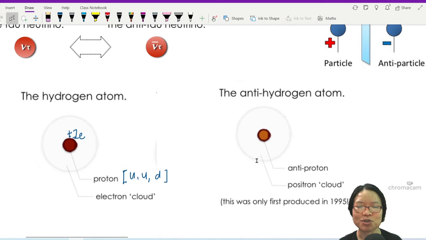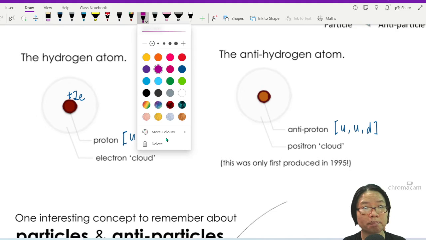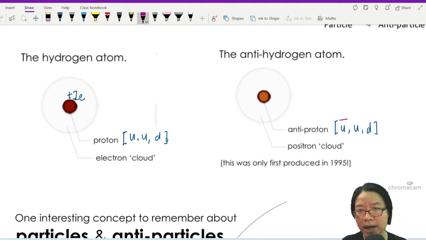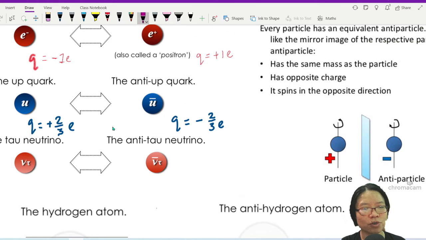So the anti-hydrogen will consist of the anti-proton. Whatever you have here, you must call it anti-up, anti-up, anti-down. But in symbol format, how do we represent it? We add a bar on top. So you can see the bars are here in the symbol.